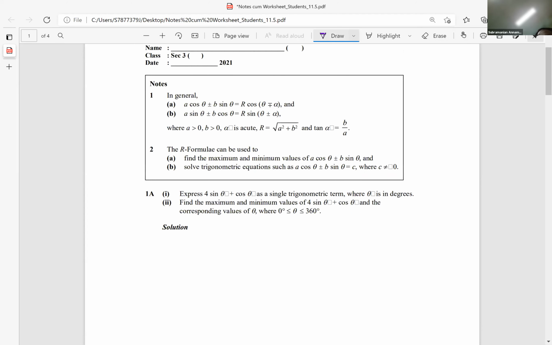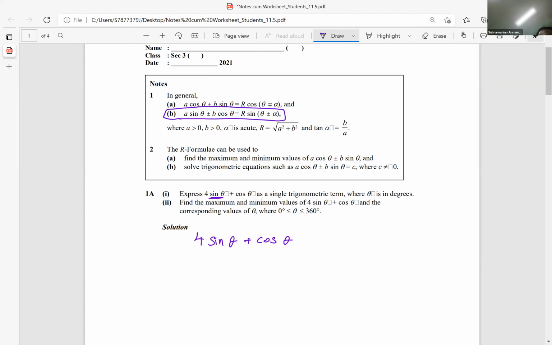Okay, so since it starts with sine, I can use this. So let's reiterate. Let's go back. So 4 sine theta plus cosine theta. And you need to convert this into a single trigonometric term.